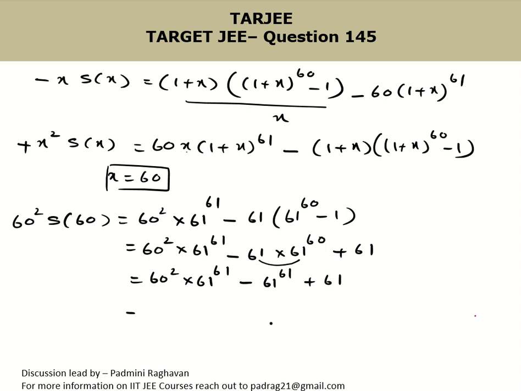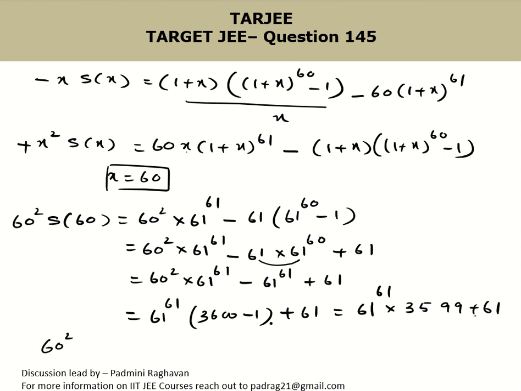So I can pull out 61 power 61 common. Within the bracket I will have 60 square, which is 3600, minus 1, plus the extra 61. This is going to be 61 power 61 multiplied with 3599 plus 61.